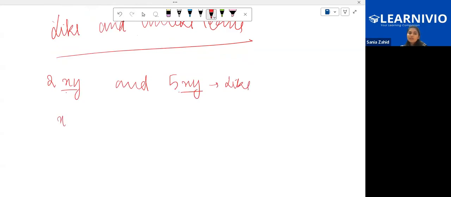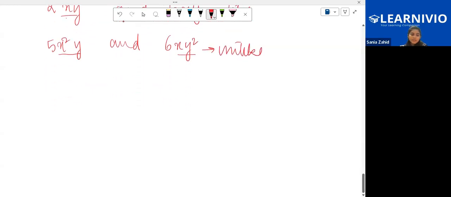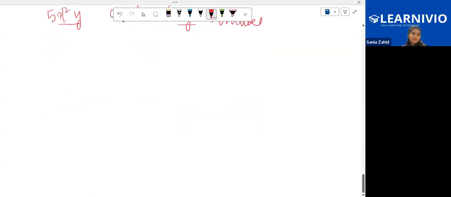Now if I talk about 5x square y and 6xy square, I have x square y and xy square. These are different, so these are unlike terms. Clear? Yes. Now you have to group the like terms and unlike terms in the following.